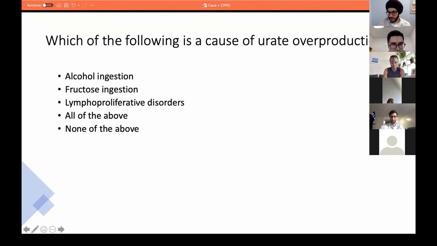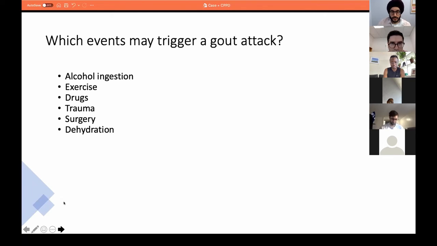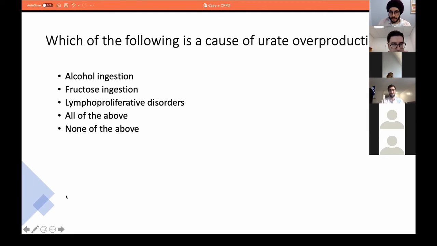Lymphoproliferative disorders, you already know. And alcohol ingestion, yes. Sorry, does that mean eating a lot of fruit is potentially a cause as well? Eating, so fructose, whether it's a sweetened drink or anything that has higher levels of fructose, can predispose.